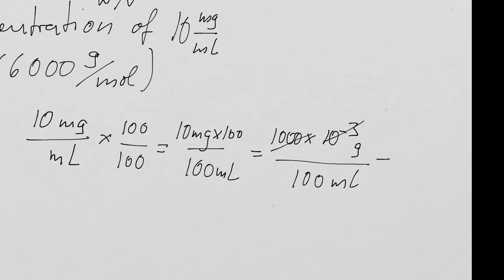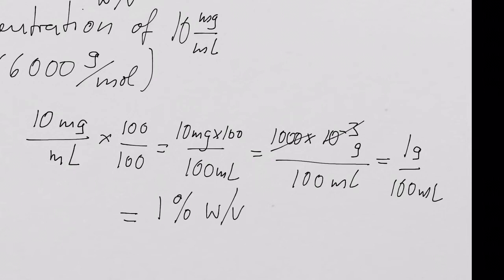So all I have left is 1 gram per 100 milliliter. And that is exactly 1% weight per volume. That was really the long way for that. Are you happy with that?